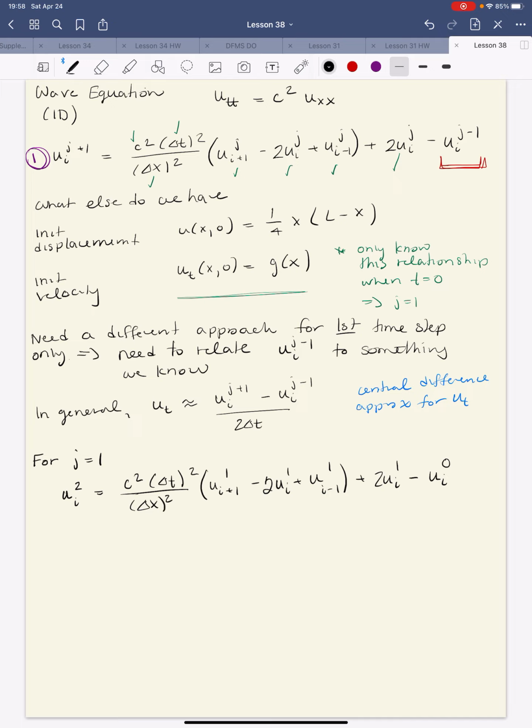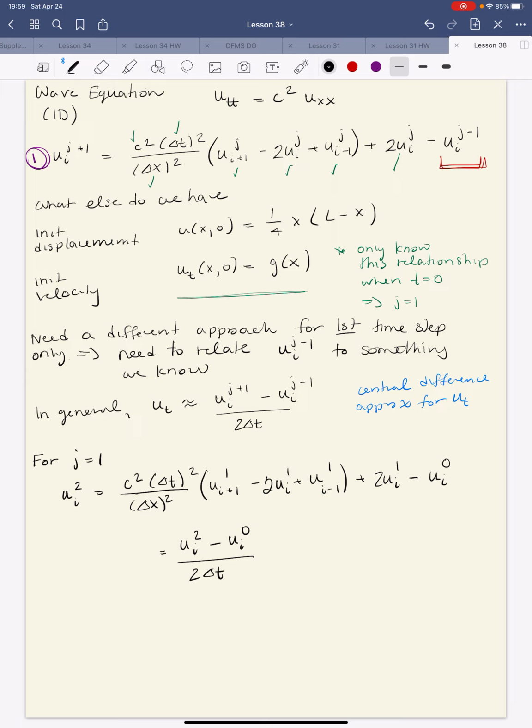So continuing with this idea that, at j equals 1, we actually know some additional information, and only when j is equal to 1, we'll take this general central difference for u sub t and effectively do the same thing. So for j equals 1, that means that this derivative u sub t is equal to u sub i, 2 minus u sub i, 0 over 2 delta t.